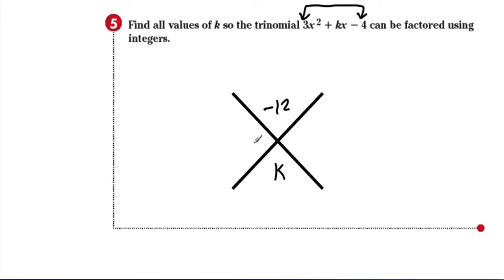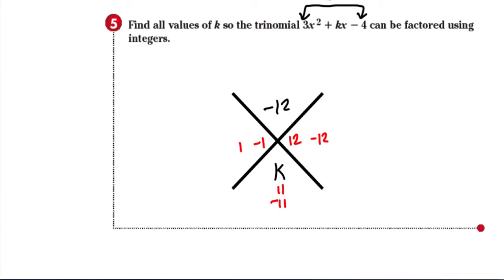One possible factor pair would be negative 1 and 12, which gives you negative 12, and the sum of negative 1 and 12 will be 11. So that's a possible value of k. And let's switch it around now. Let's do positive 1 and negative 12. You'll get the sum of negative 11 this time.